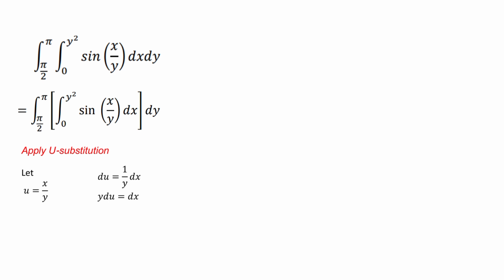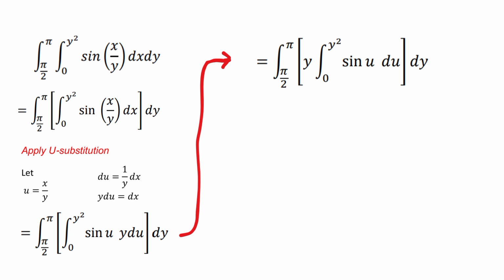After that, substitute the value of u and at the same time the y du in the given problem. The integral of sine u times y du from 0 to y squared. And for us not to be confused, we let y be a constant, so we can rewrite this problem into this form. Y, the integral of sine u du from 0 to y squared. The integral of sine u du is negative cosine u, where u is x over y.